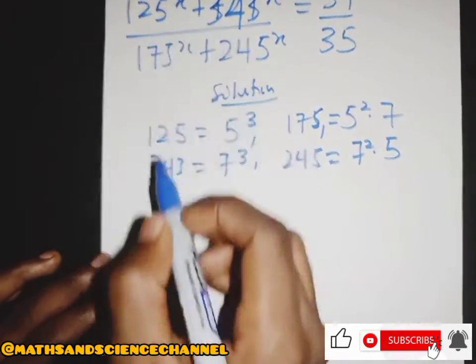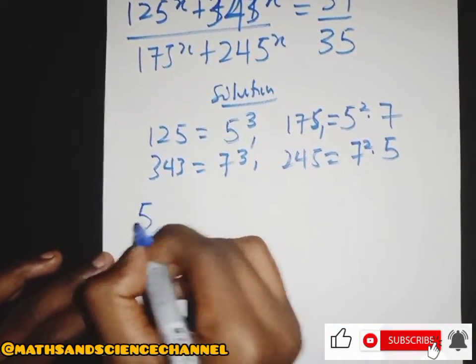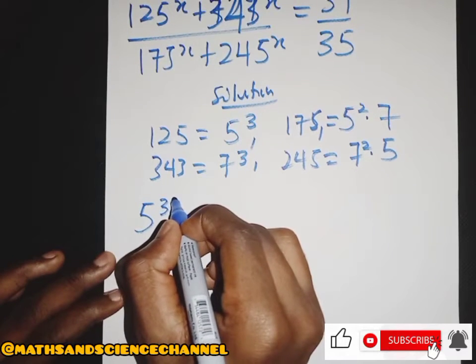So with the first part, let's substitute the whole thing. So we have 5 cubed here, right?